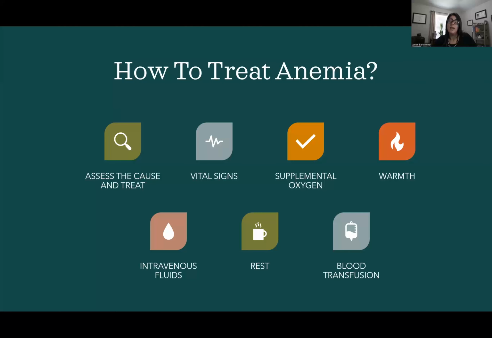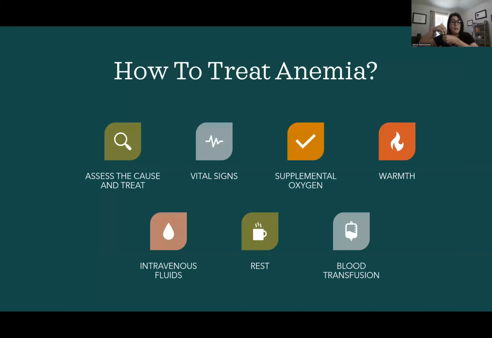If it's below 7, in the hospital, we transfuse patients. Some patients get transfused at 8, but they have to be symptomatic, okay? If they're not symptomatic and they have a hemoglobin of 8 or 8.5, usually physicians don't order a blood transfusion.